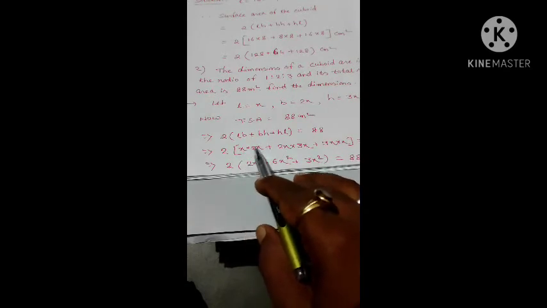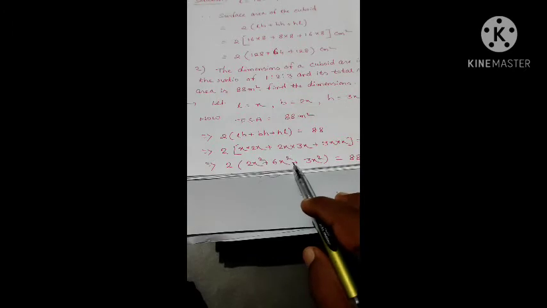We can put the values which we have got here. Now just multiply this. x into 2x will be 2x square, 2x into 3x will be 6x square, and 3x into x will be 3x square. If we add all this and multiply it by 2, that will be equal to 88. So what will we get? Let's see.